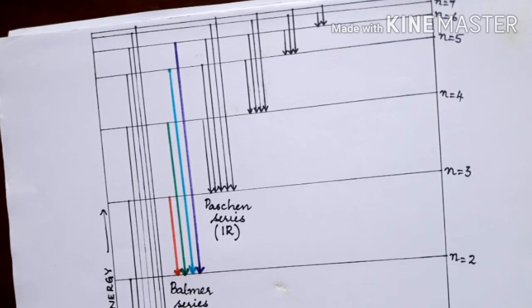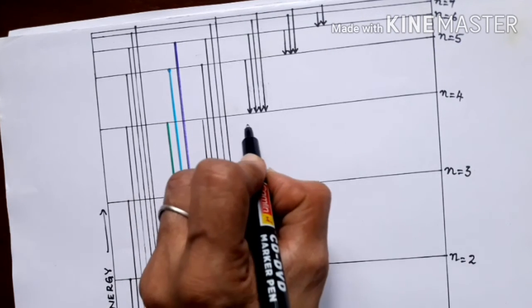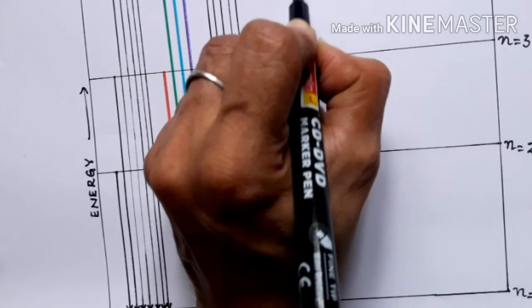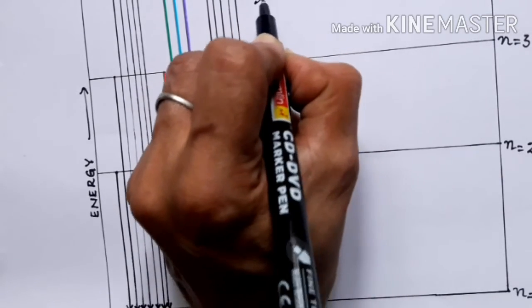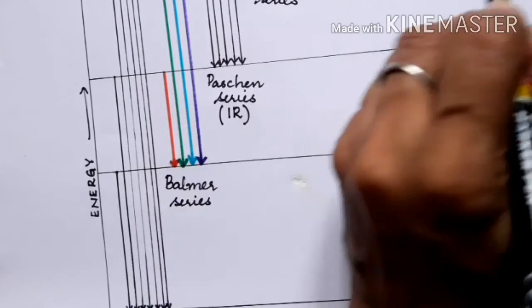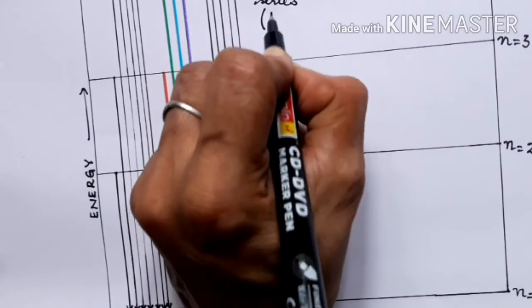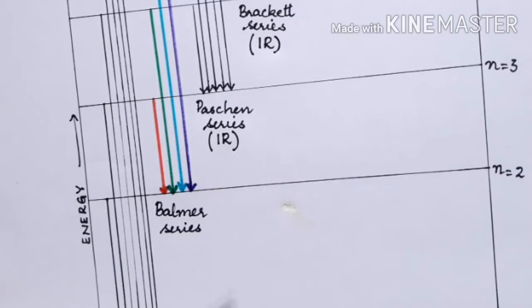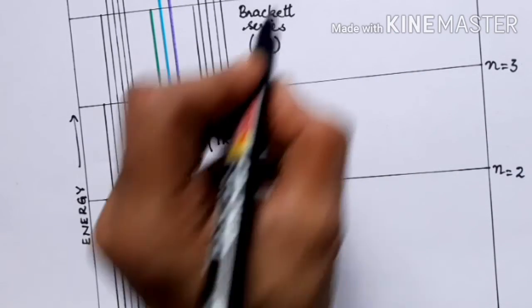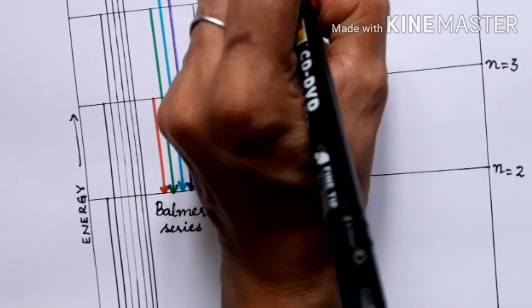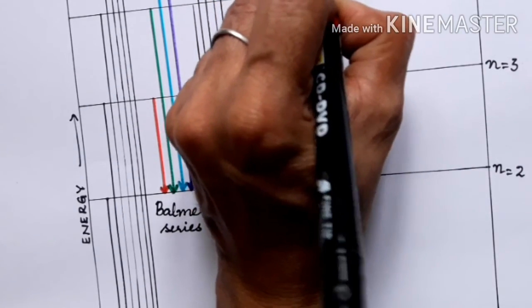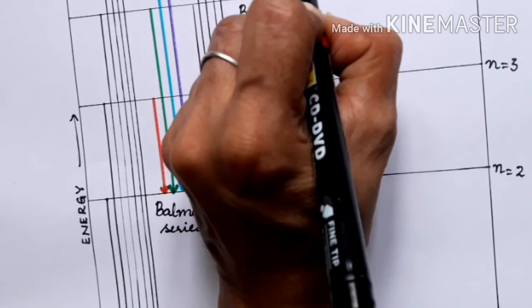And the next series is known as Brackett series, where the excited electrons come back and settle down at n is equal to 4. This also belongs to the infrared region. And then we have the Pfund series, which belongs to the far IR region.